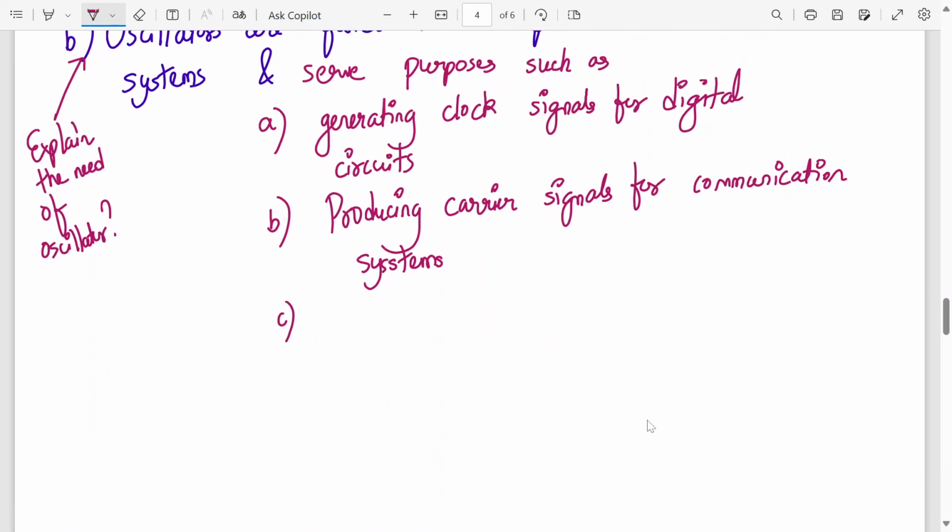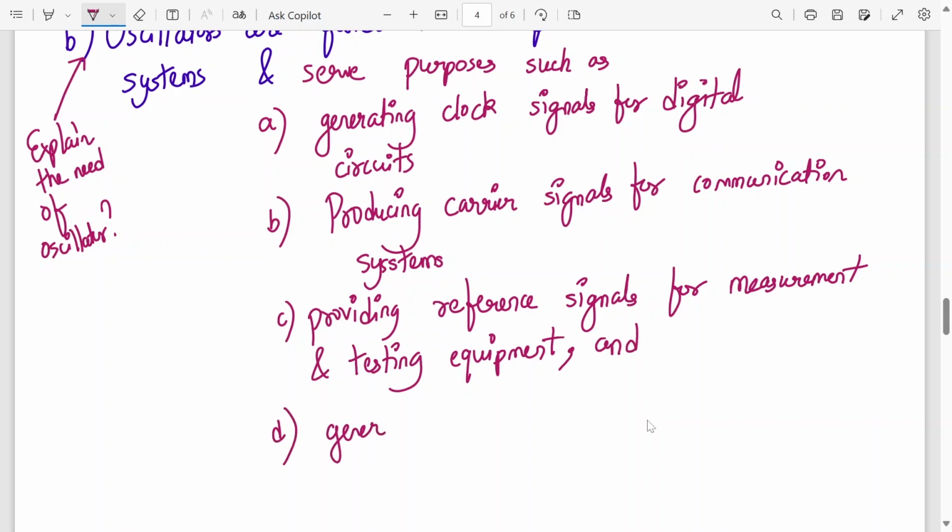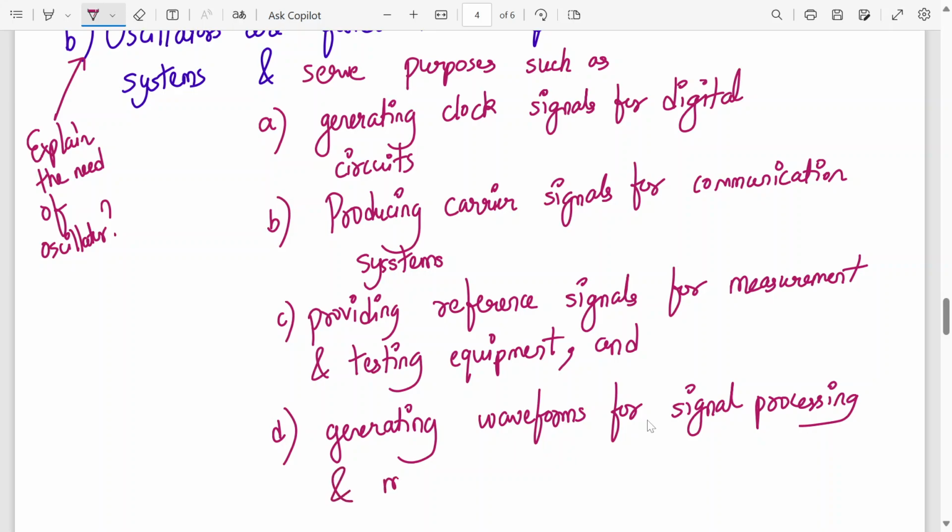Next point is, keep on writing, providing reference signal for measurement and testing equipment and generating waveforms for signal processing and modulation applications.